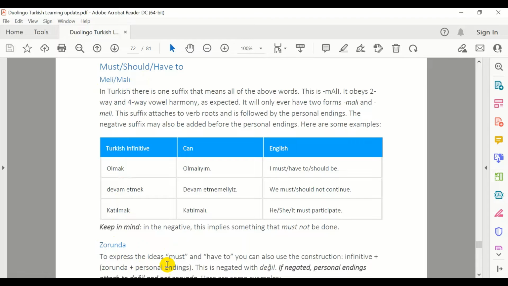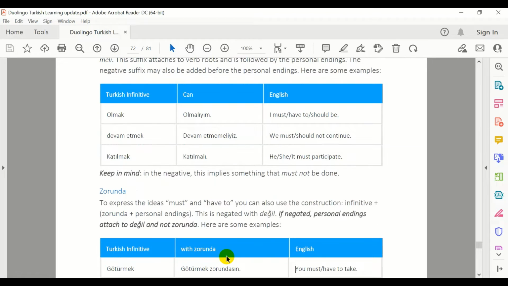To express the ideas must and have to, you can also use the construction infinitive plus zorunda plus personal endings. This is negated with değil. You should remember this. Now let's see some more examples for this as well.